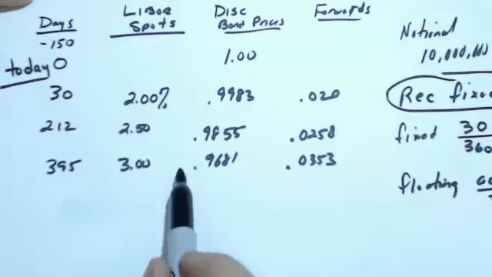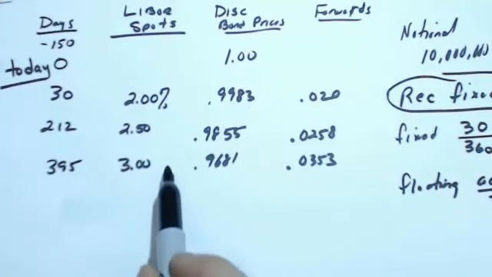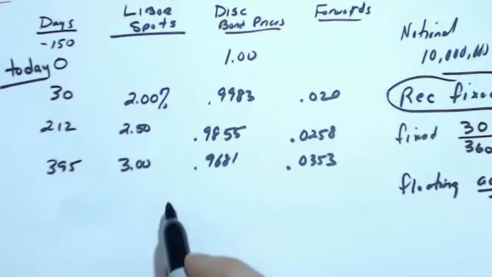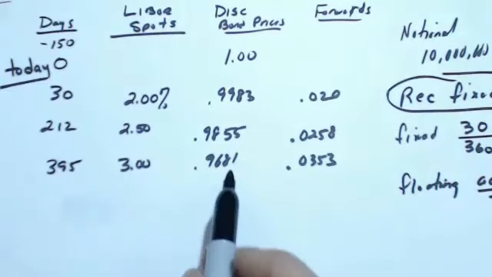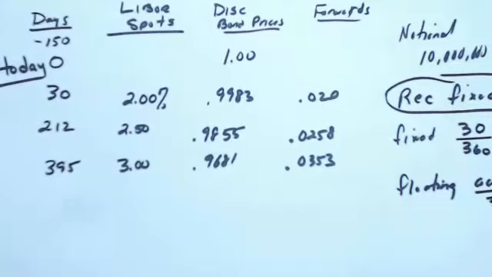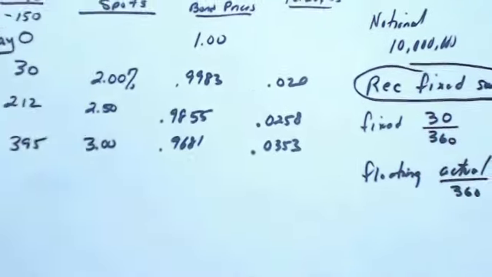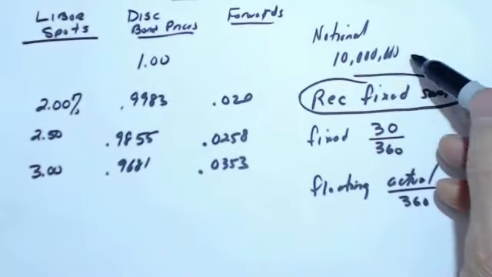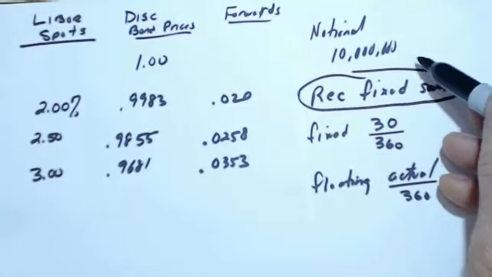I make it kind of easy in this problem because I'm focusing on valuing a swap, so I've given you this information. The additional information you need is the notional value of the swap, which is 10 million.